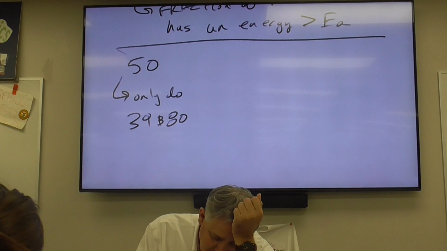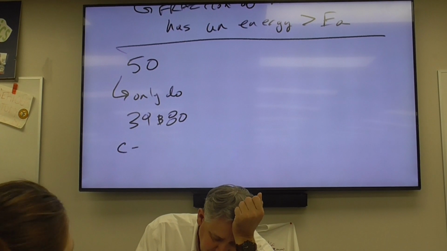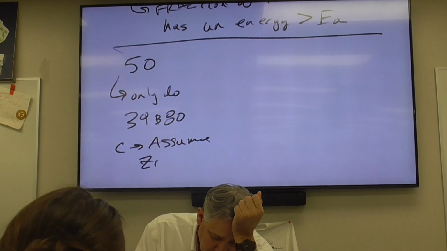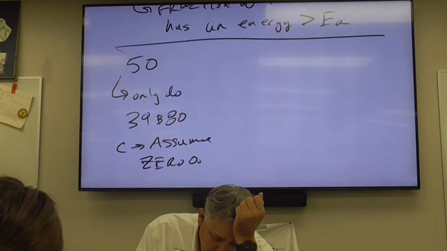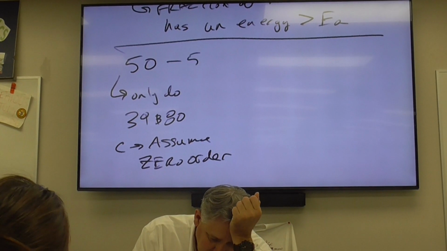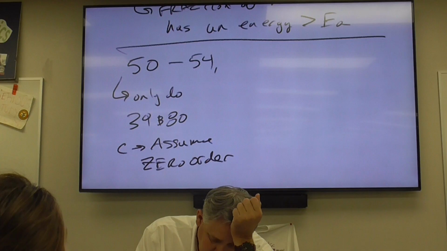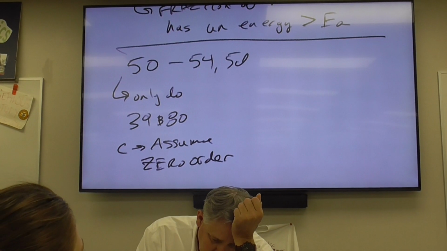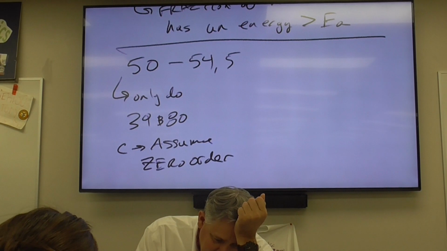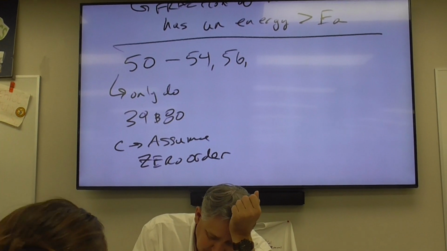What's going on? This will make sense. It doesn't though. Assume zero order. So he told me, 50. We're starting with 50, that's so big. That's because you've already done a lot. What does it mean, only 39 and 80?